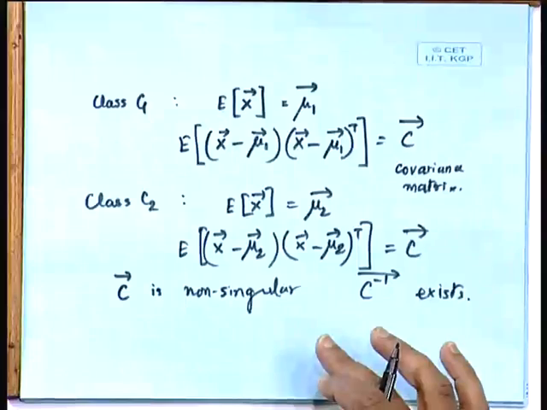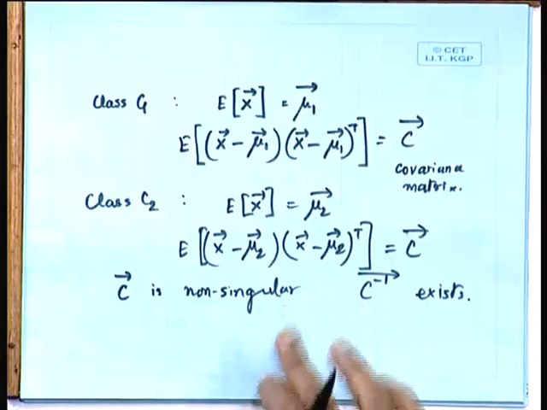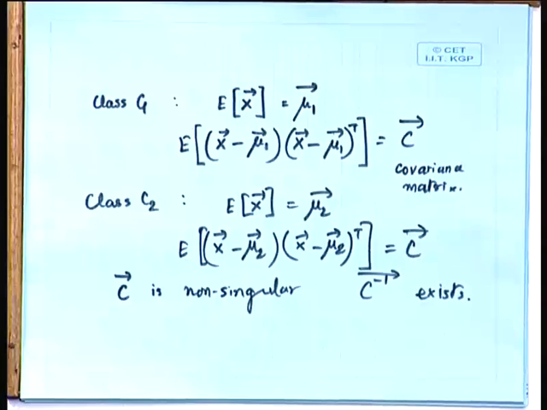Only thing is that in this case our data will be a little more complicated, in the sense that we are going to have m dimensional data. The Gaussian distribution is going to be m dimensional.